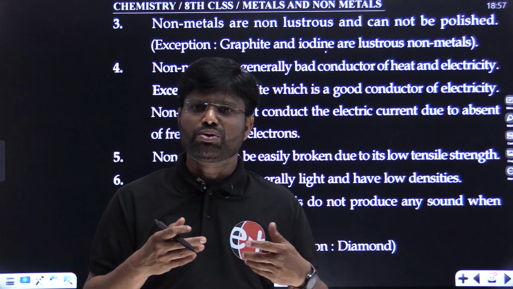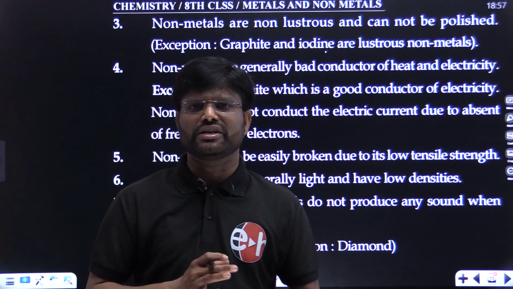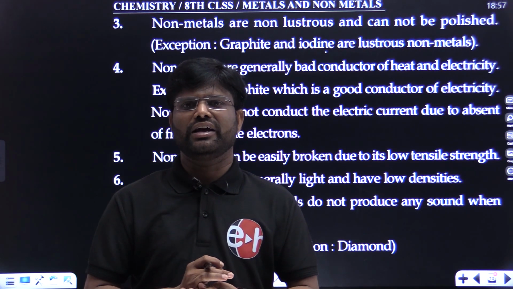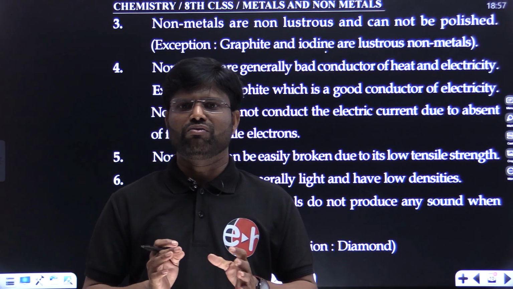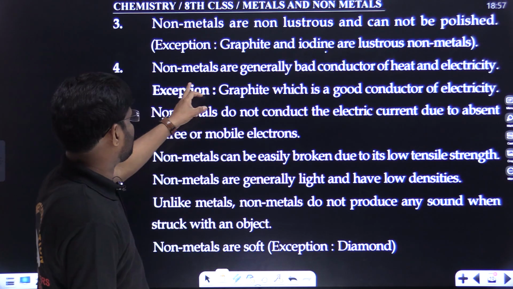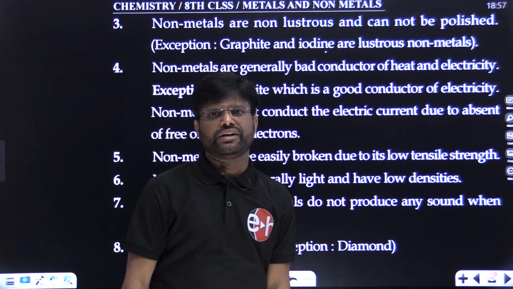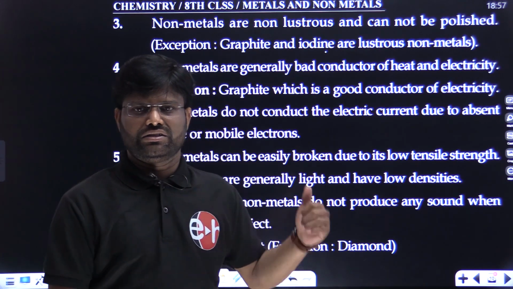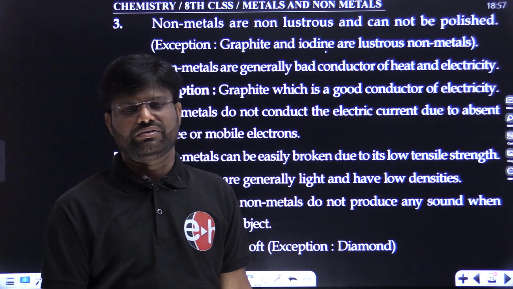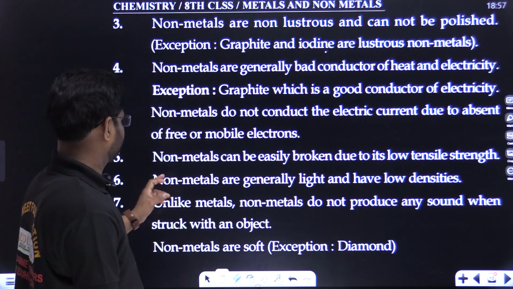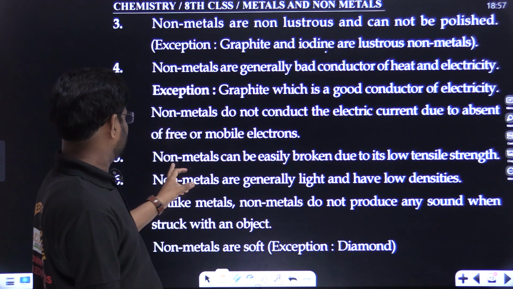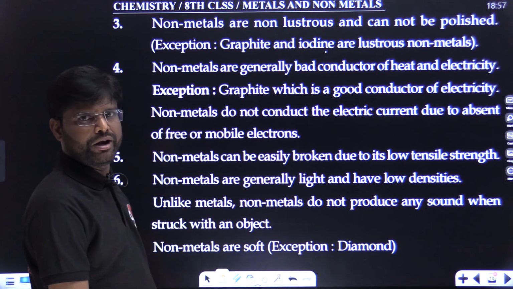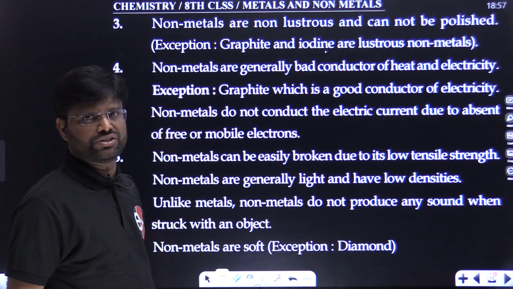That is the exceptional case. Graphite is made up of carbon. But most of the non-metals are bad conductors of heat and electricity. They don't exhibit that physical property. You can call them free electrons or mobile electrons. Mobile means moving electrons.